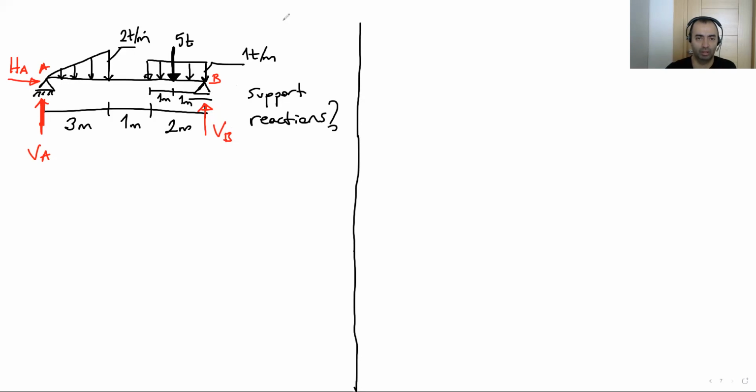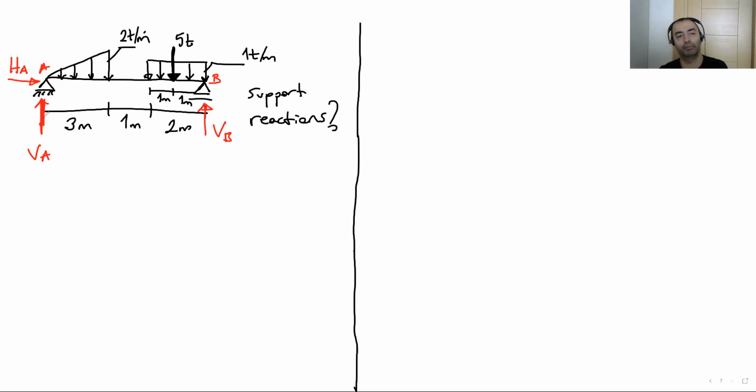Let's do the distributed loads. Okay, remember we have a triangular distributed load. How can we calculate the magnitude of this triangle? Any idea? The logic is the same.